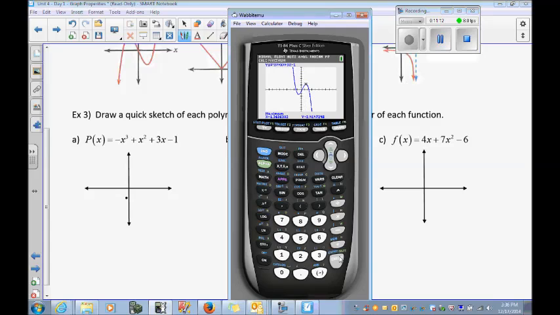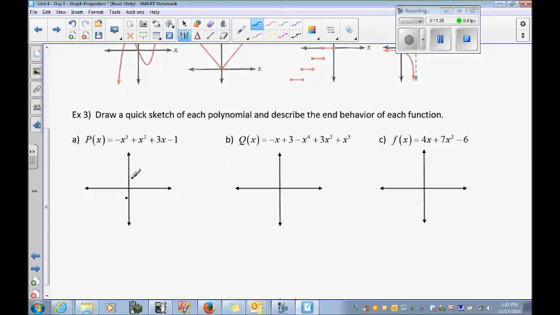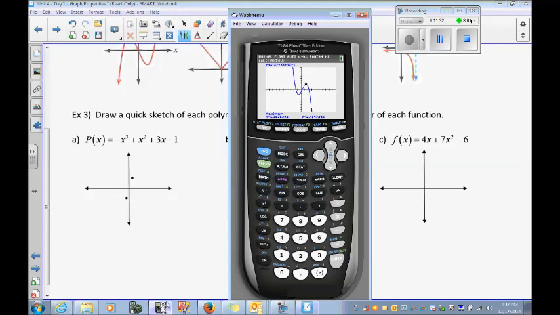It's saying that our maximum point is at 1.36 and 2.41. So 1.36, 2.41, approximately there. Now we want to find our zeros, and there are 1, 2, 3 zeros.